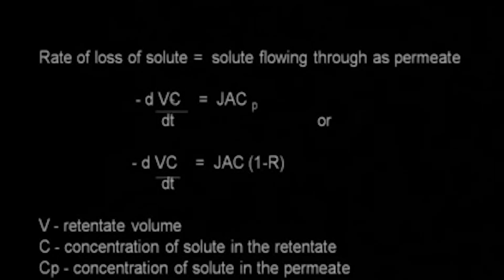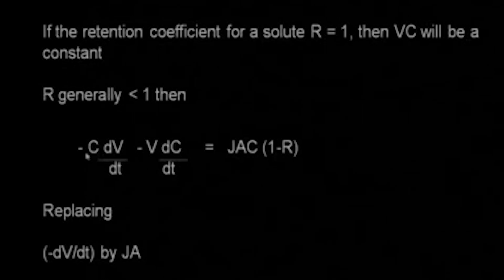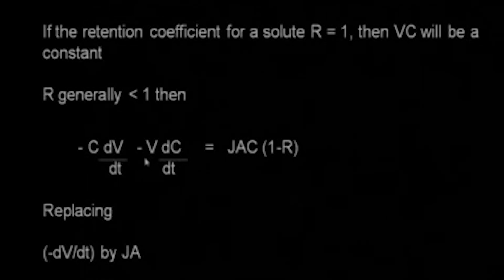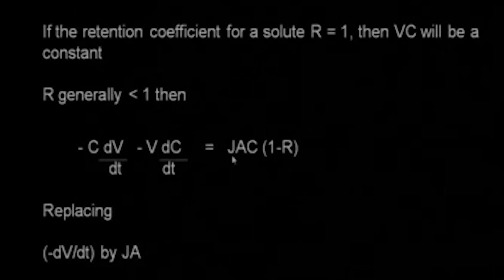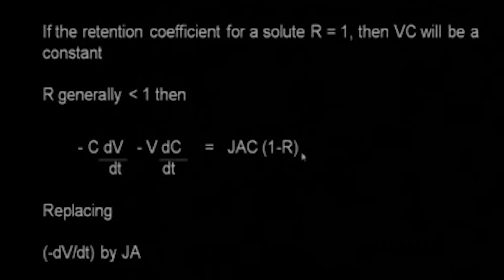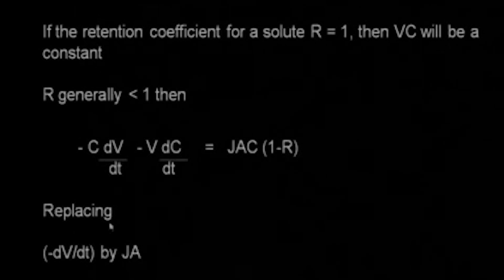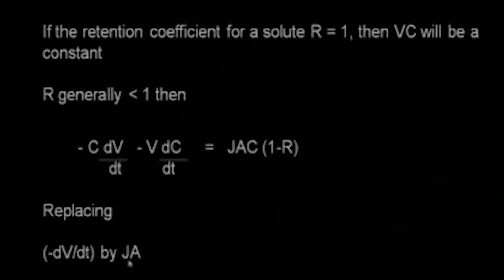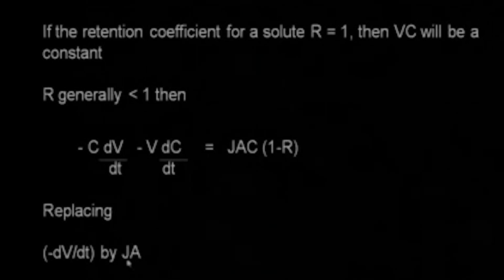So when R is less than 1, now on the left hand side we can differentiate both terms separately. So we will have minus C into dV by dt minus V dC by dt, which is equal to JAC into 1 minus R. Now dV by dt will be J into A, J is your flux, A is the area.